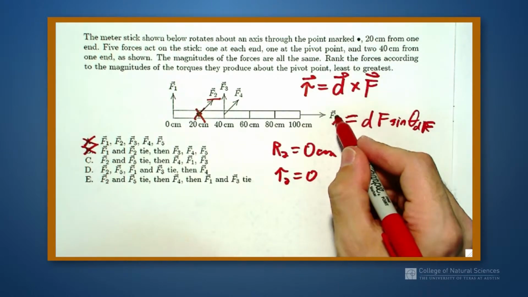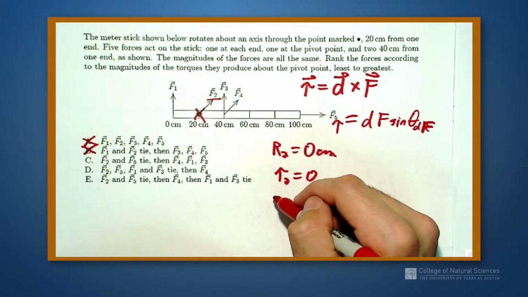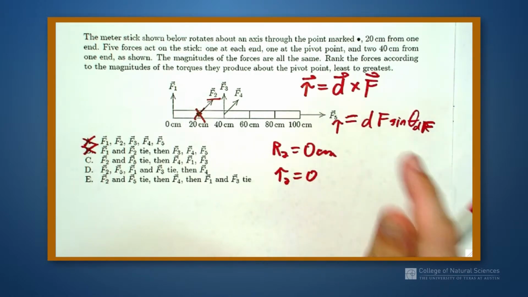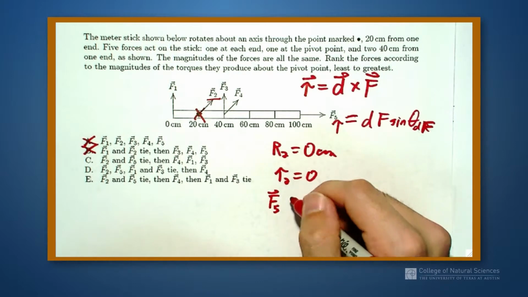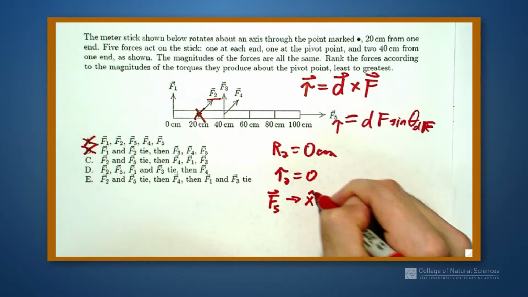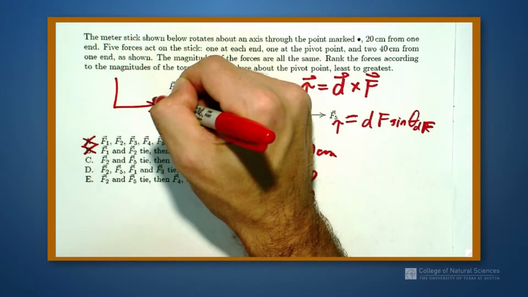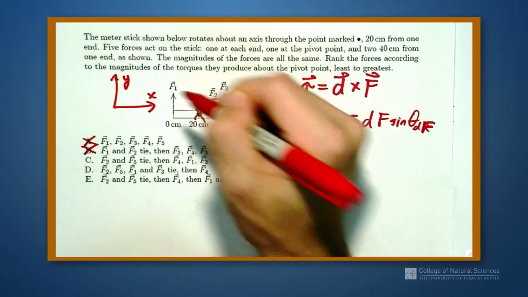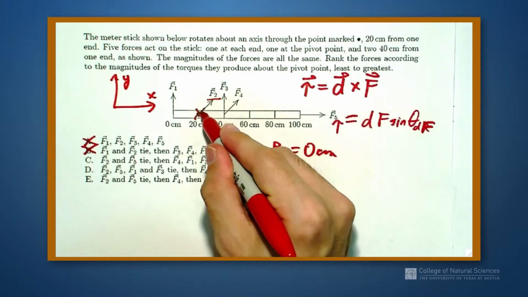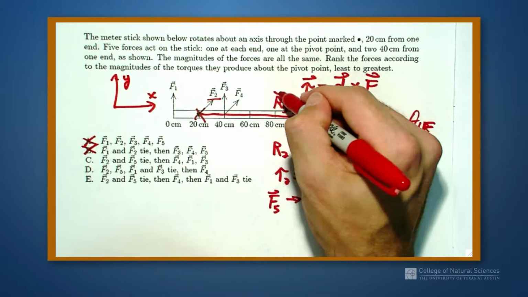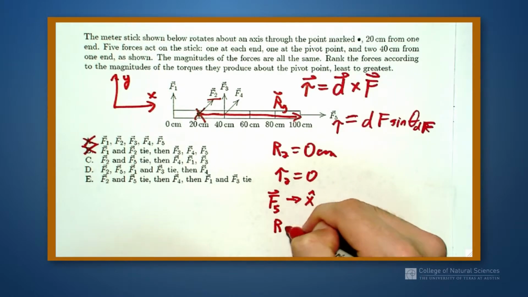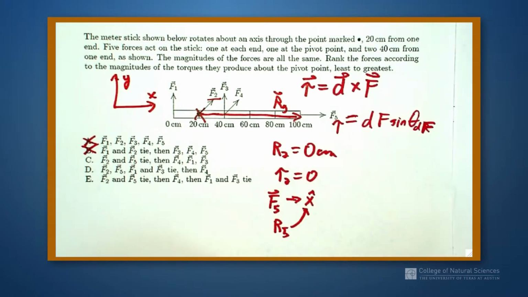I'm going to look at force 5. Force 5 is actually an interesting case. Force 5 points in the x direction. I also know that to get to force 5, I have a radius r5, and radius r5 also points in the x direction.